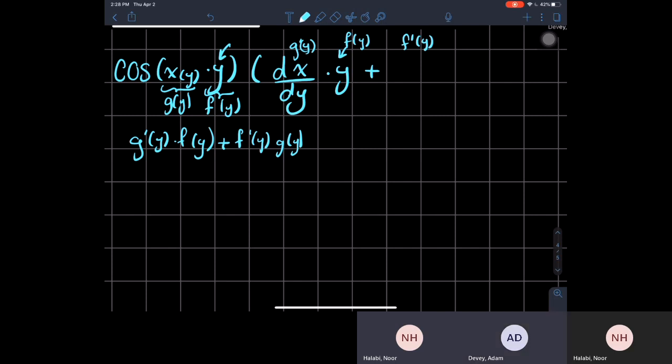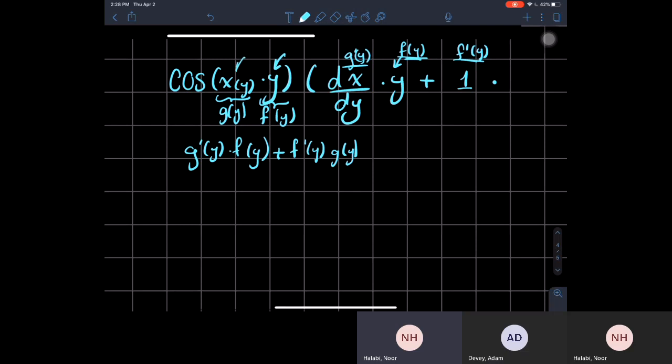So for g, right? Yeah, we finished g. We did g prime and we did f of y. Now we're looking at f prime of y. So what is the derivative of y with respect to y? It's just 1. Exactly. Awesome. Perfect. Times, now just g of y, we just keep it constant.